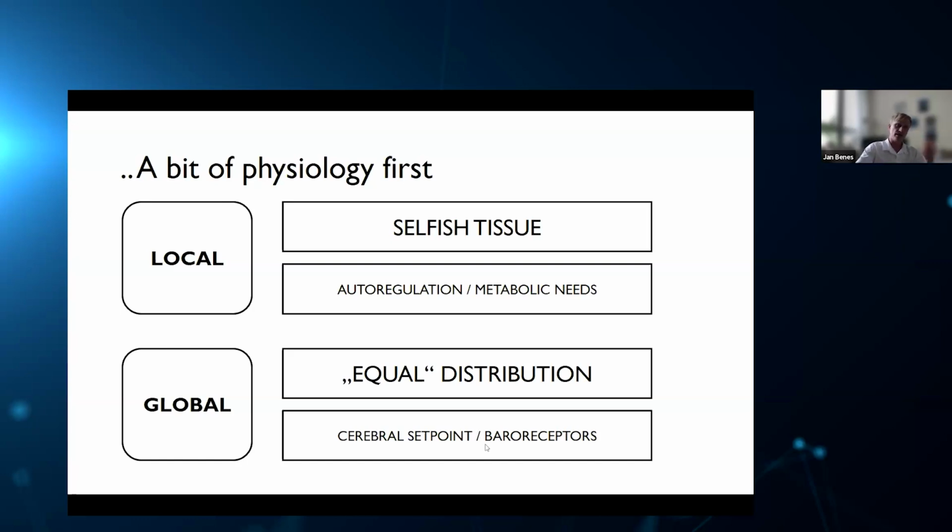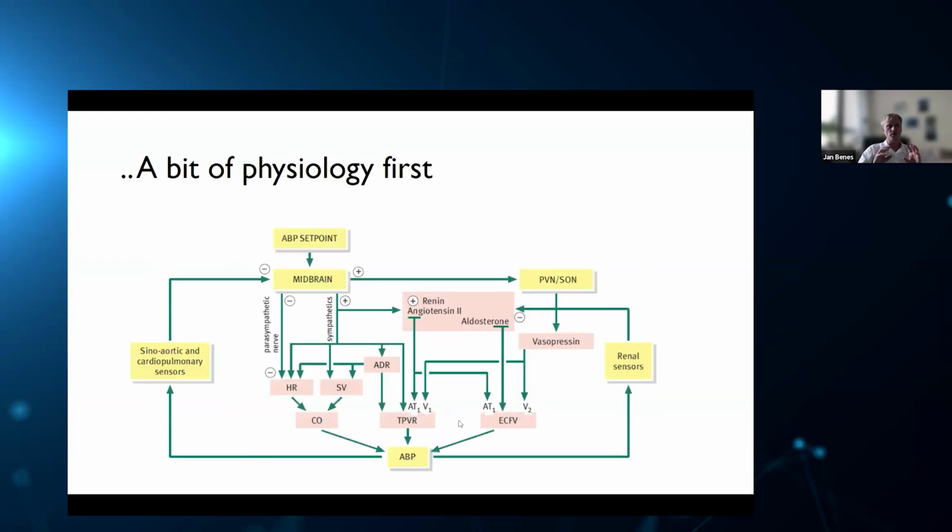And this equal distribution, or this set point, is dictated by the system of the cerebral regulation. So we should mind that there are baroreceptors. The body has receptors not for flow, it has receptors for volume in the kidney and pressure within the vasculature.